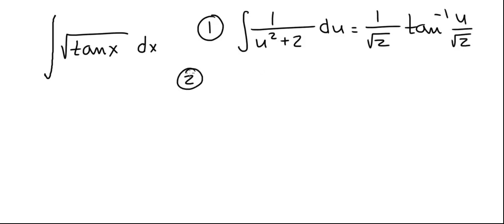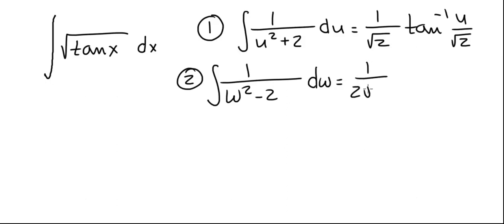And the second result, the integral of 1 over w squared minus 2 is equal to 1 over 2 square root of 2 times the natural log of absolute value of w minus square root of 2 divided by w plus square root of 2.